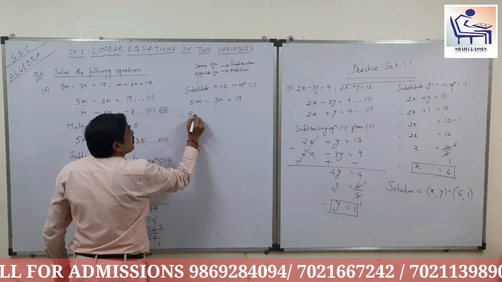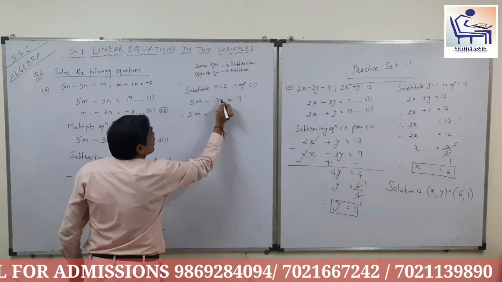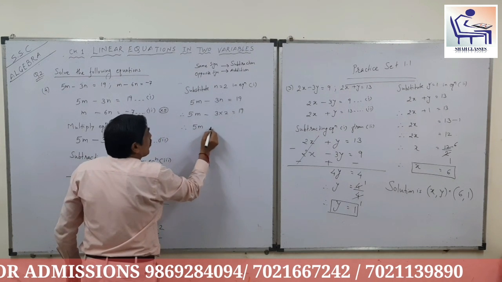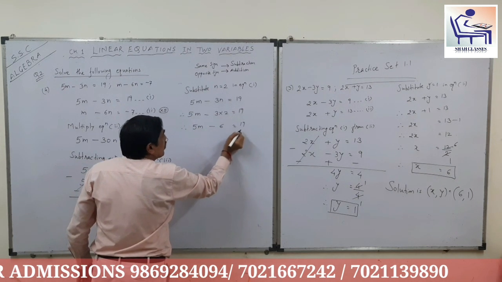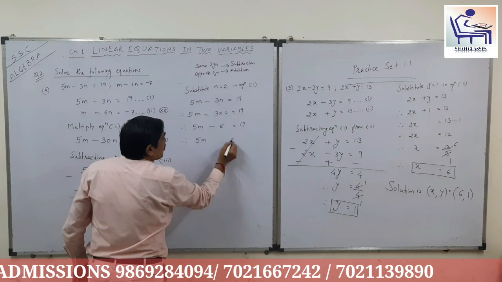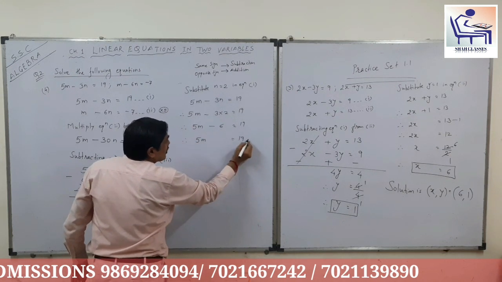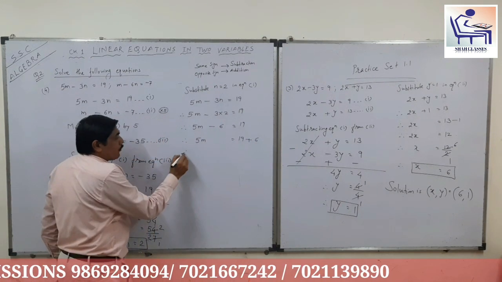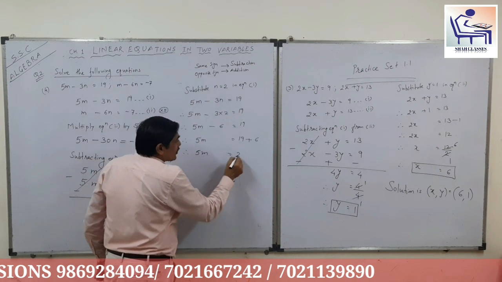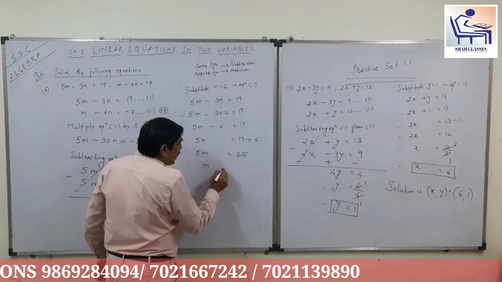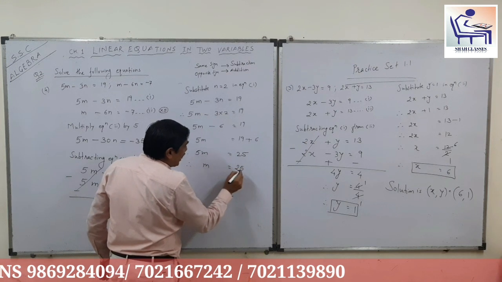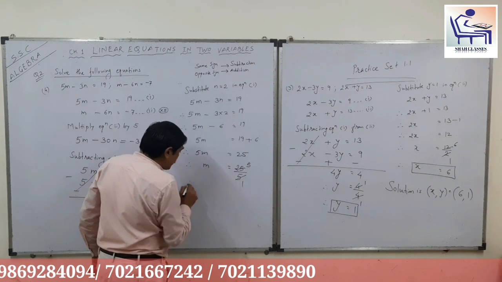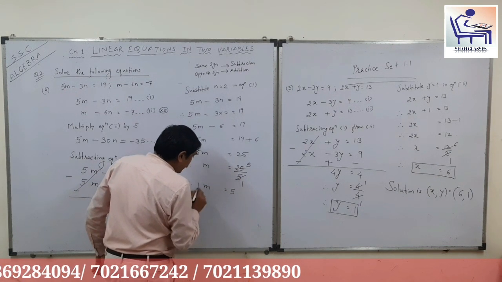Now 5m minus 3, instead of n, I'm going to put 2, is equal to 19. So 5m minus 6 is equal to 19. 5m is equal to 19 plus 6. Minus 6 becomes plus 6. So 5m is equal to 25. So m is equal to 25 divided by 5. 5 ones are 5 and 5 fives are 25. So m is equal to 5.